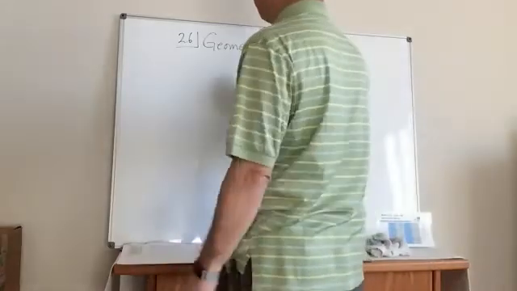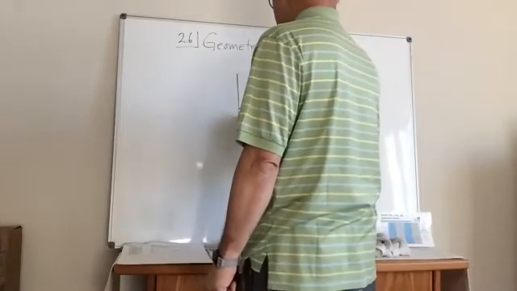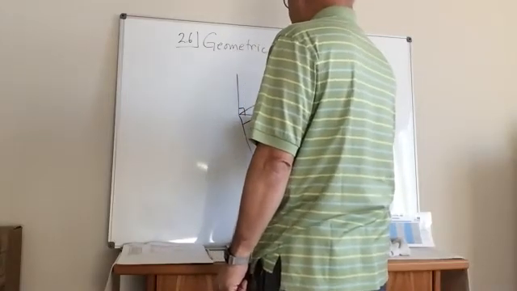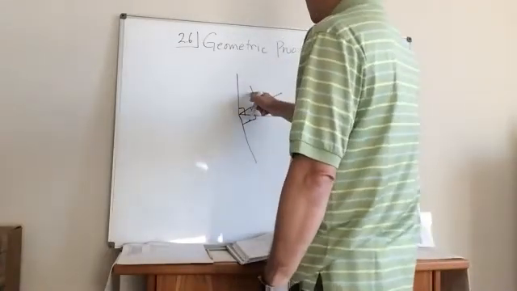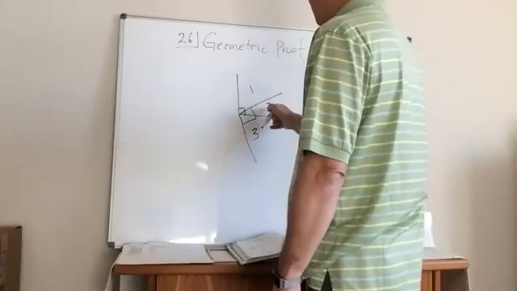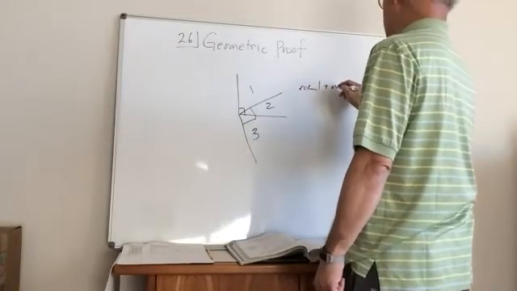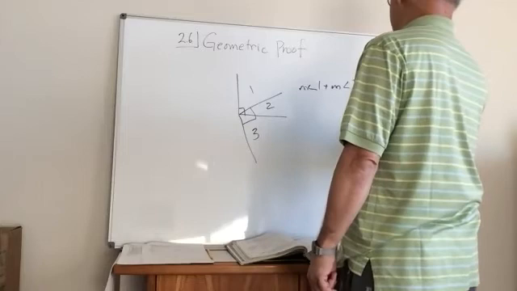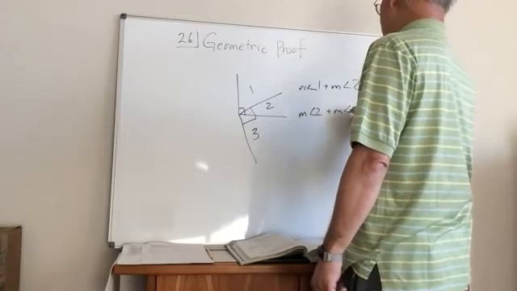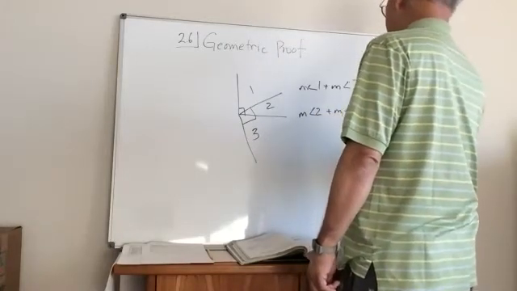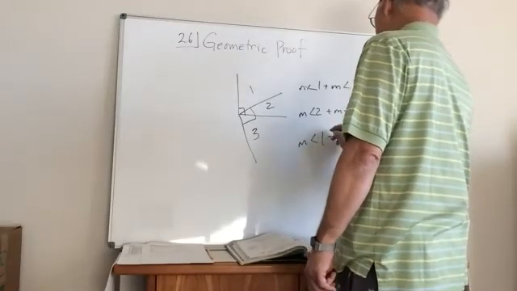If I have a 90-degree angle that's formed here, and a 90-degree angle formed here, what they're saying is if angle 1 and angle 2 are complementary, and angle 2 and angle 3 are complementary, in other words, angle 1 plus angle 2 is equal to 90 degrees because they're complementary, and angle 2 and angle 3 are complementary, that means that angle 1 and angle 3 are congruent. They're the same.